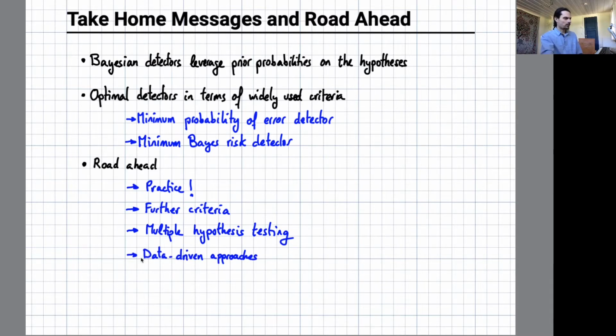And throughout the course, we extensively made use of probabilistic models for the data, but there are also families of methods that learn the distribution from the data itself. Of course, those approaches need much more data, right?